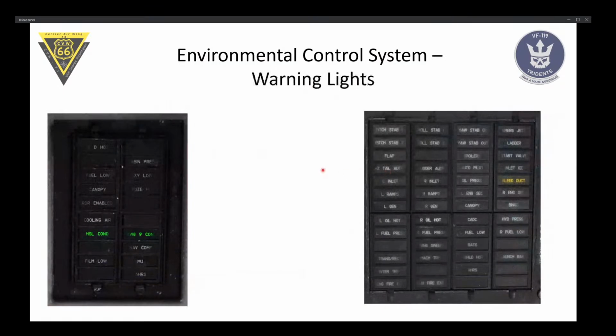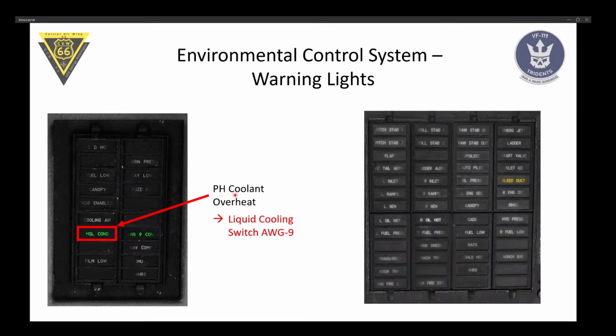So then a little bit of an overview of the warning lights. There's not much to that. The left one is in the rear pit, the right one is in the pilot cockpit. Any of these means that the coolant that is used to cool the Phoenix is above a certain temperature threshold.